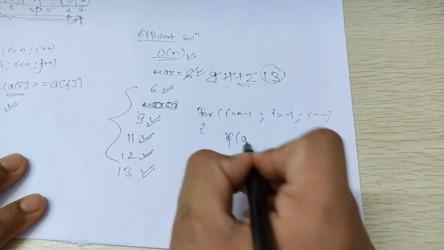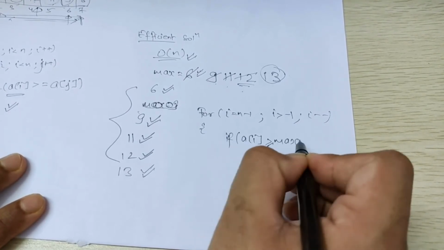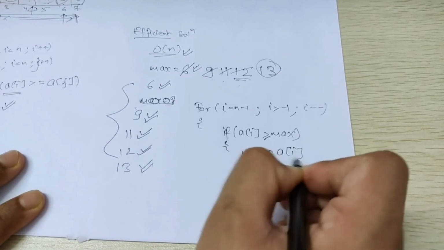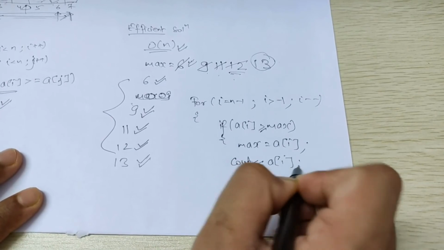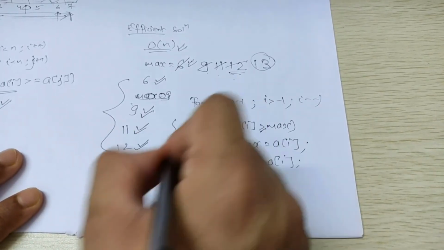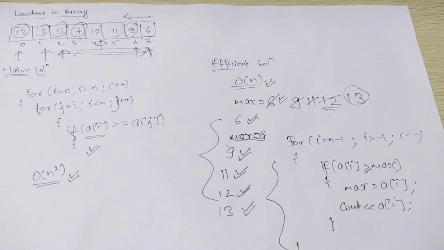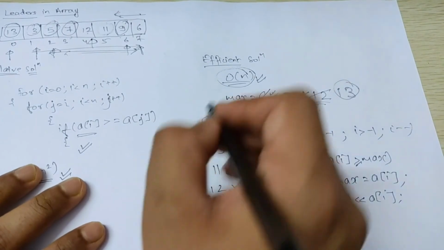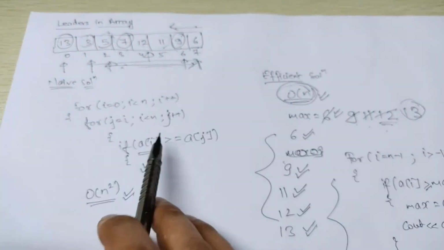Then you can compare if a of i is greater than or equal to maximum, then you can say maximum is a of i, and you can print that element because it is the leader. So this is like pseudocode of the problem, and the time complexity it takes is order of n, because you are just traversing the array only one time.